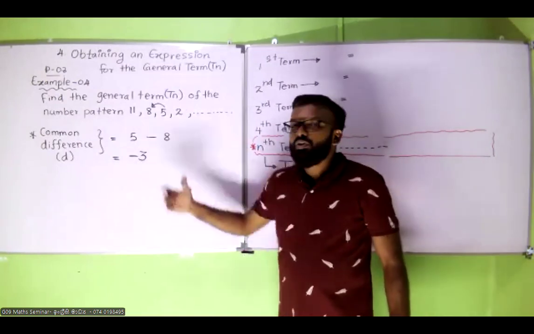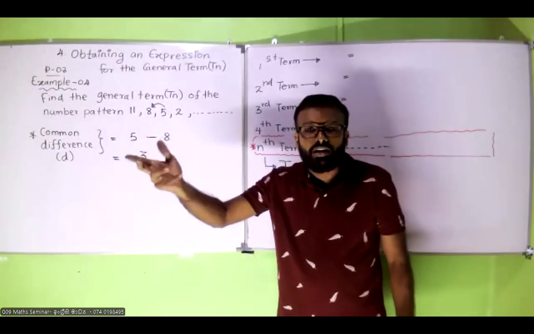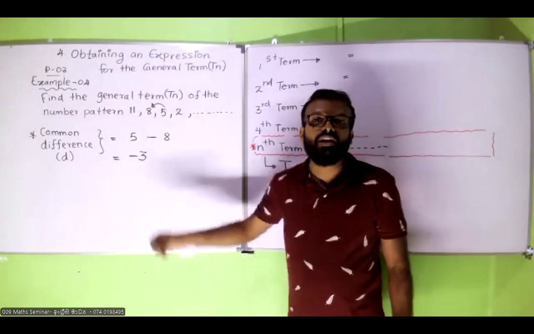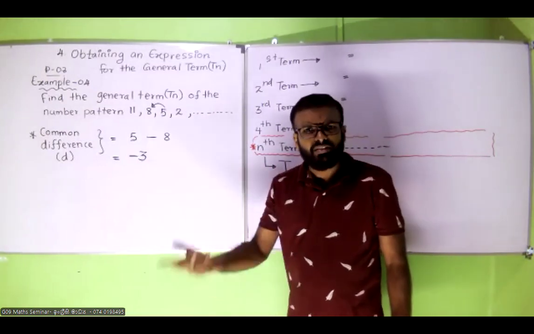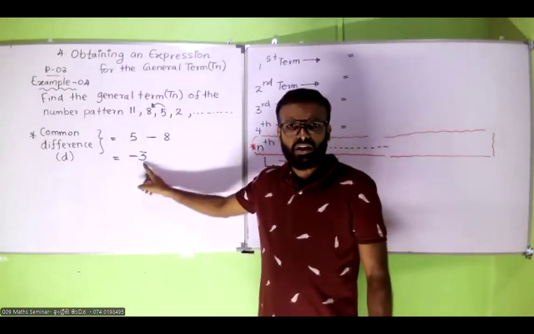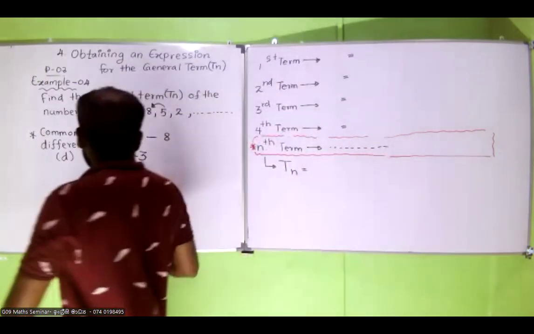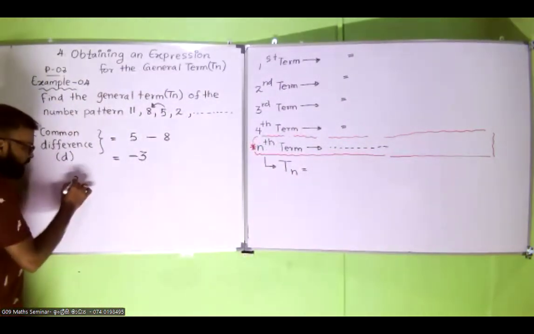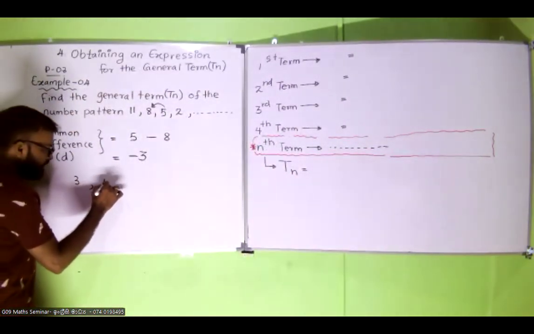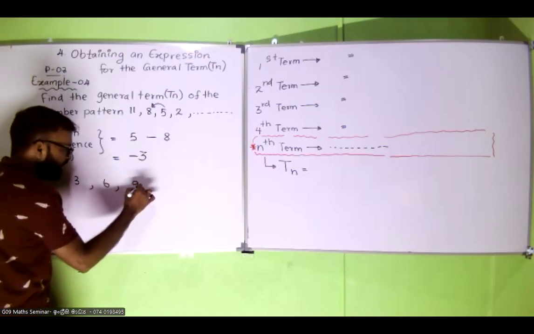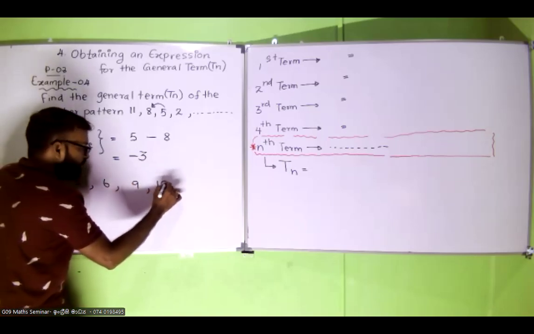Very easy. If you have minus 3, how are we going to write the multiples of minus 3? Same thing. You know the multiples of 3: 3, 6, 9, 12.